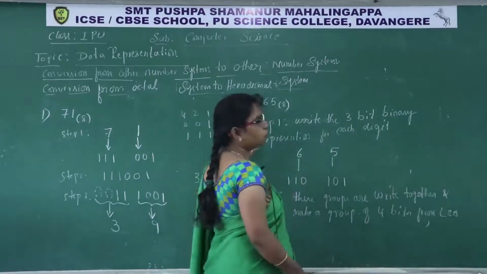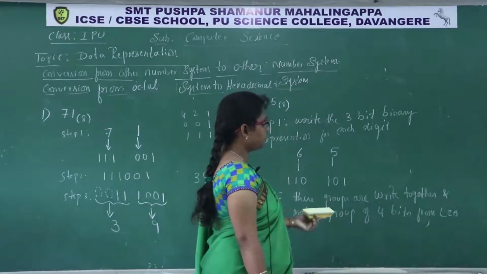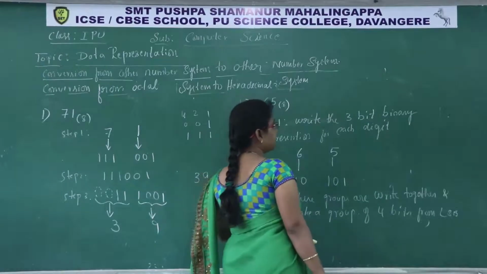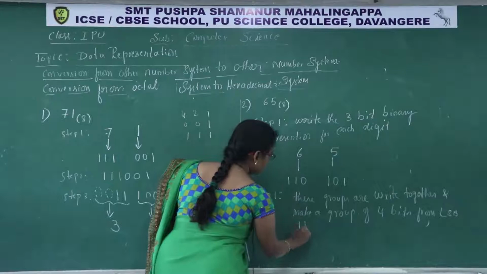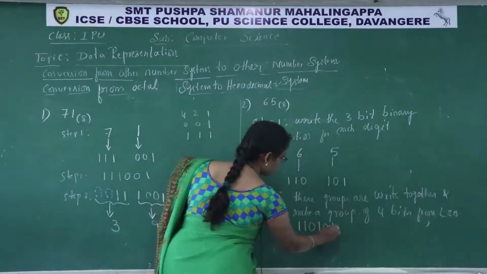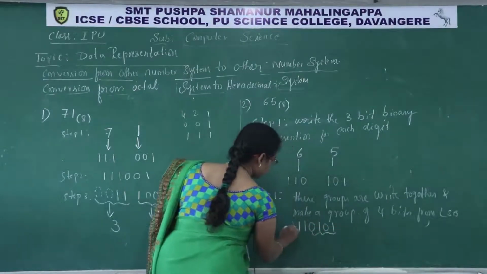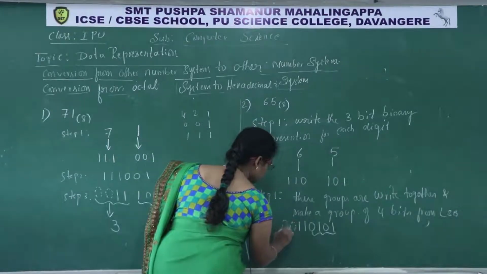It is an integer, a whole number, so you have to start from LSB. How to write it? 110101. For 4 bits, 2 more bits are required here, so add dotted 0s.